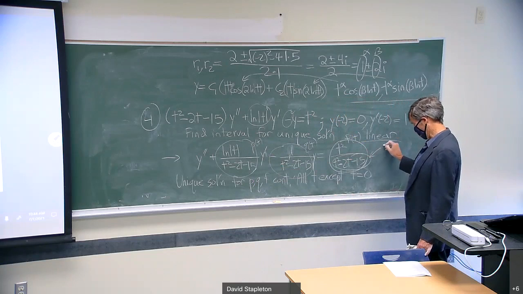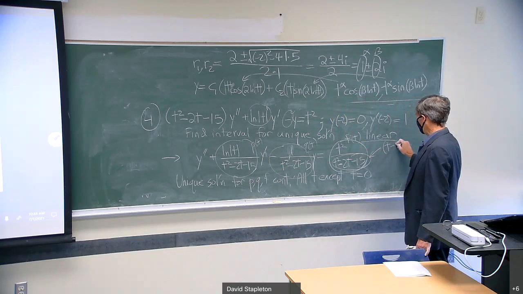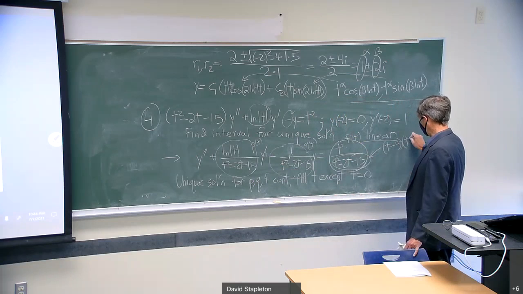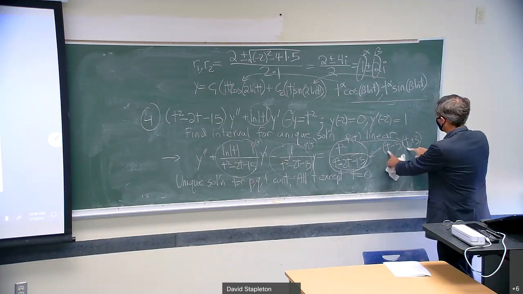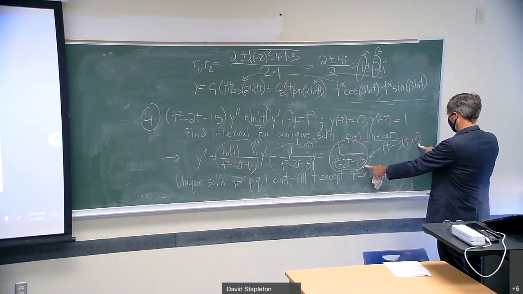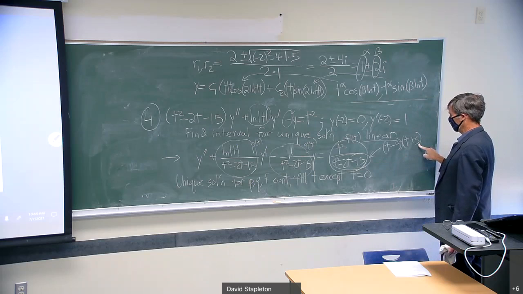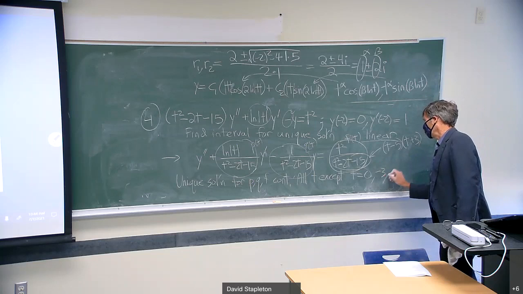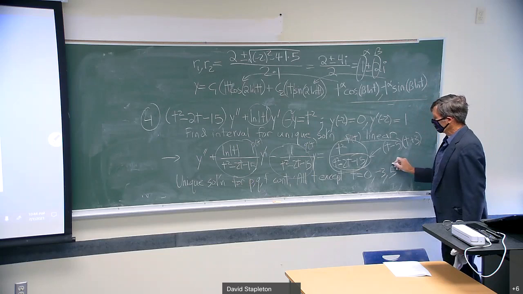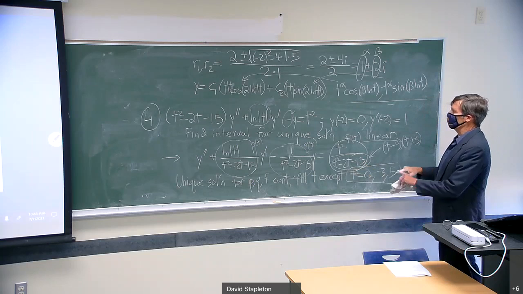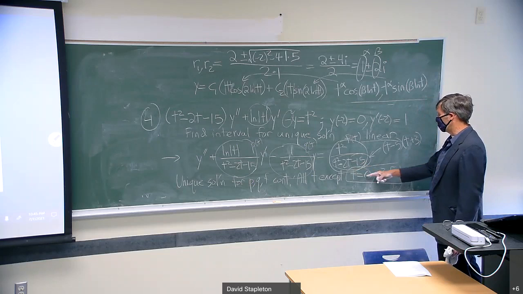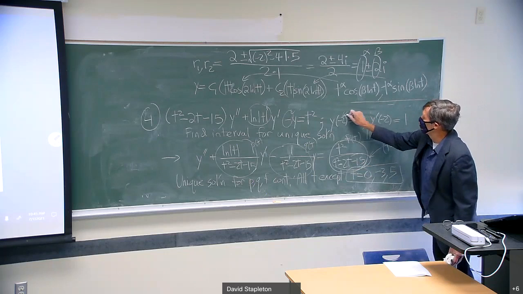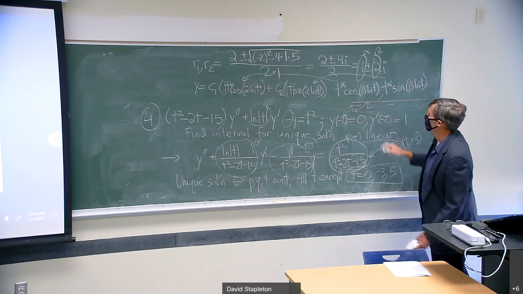So you factor this as t minus 5, t plus 3, right? t squared minus 2t minus 15 is this. So it also fails to be continuous at t equals negative 3 and t equals plus 5. It will have a unique continuous solution on any interval that doesn't include these and does include the initial value t0 equals minus 2.